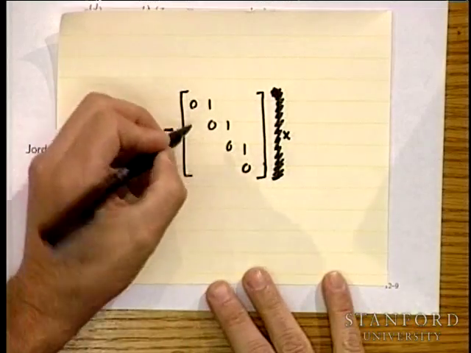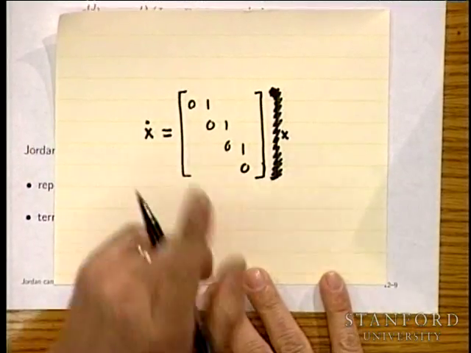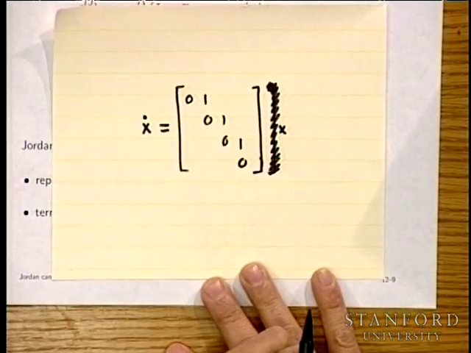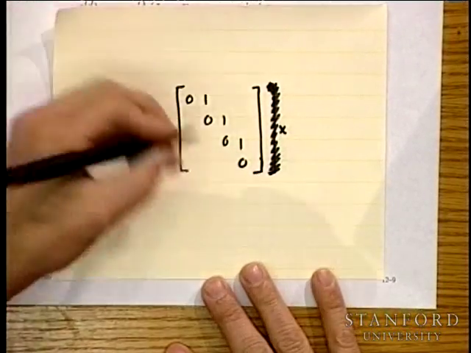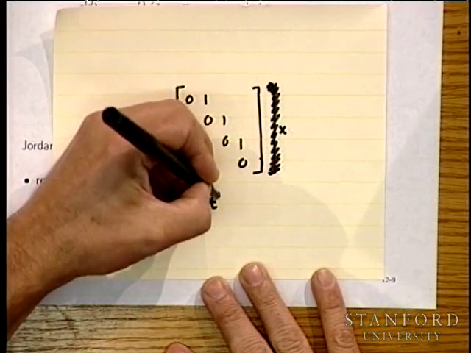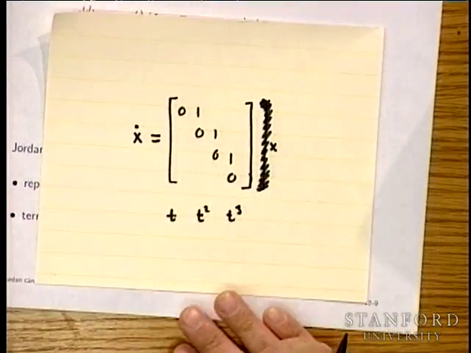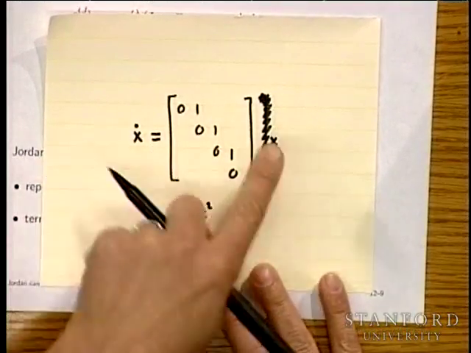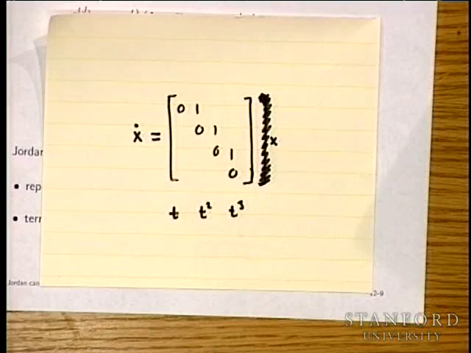That's a single Jordan block of size 4. You are going to see solutions that look like this: e to the 0t, that's 1. You're also going to see t, t squared, and t cubed. The solutions of x dot equals Ax for this thing are going to be polynomials. Everybody cool on that? And they're polynomials up to degree 3.